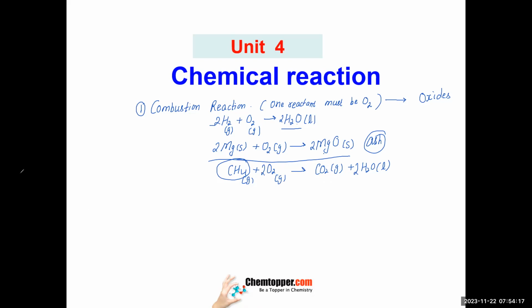So what are the components of this molecule? Carbon and hydrogen. Carbon will give you CO2. Hydrogen will give you H2O. So carbon here is giving you CO2 and hydrogen here is giving you H2O and nothing else is formed. It's a combustion reaction. So now let's define it.